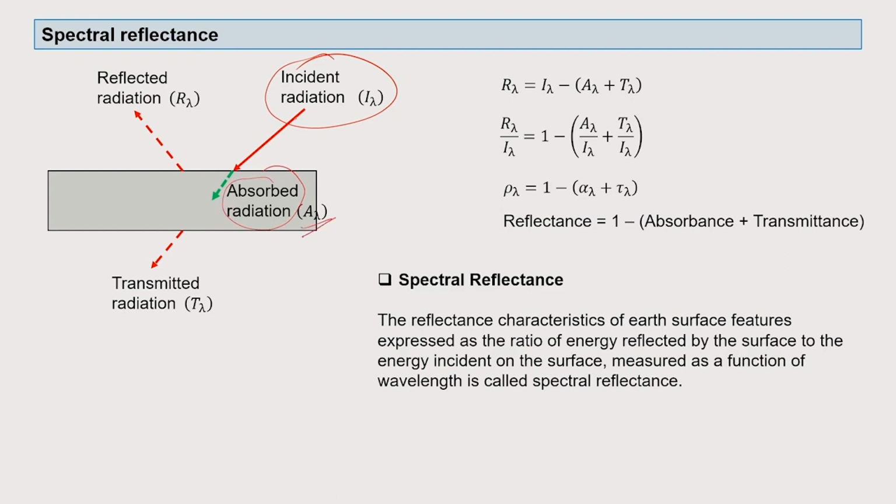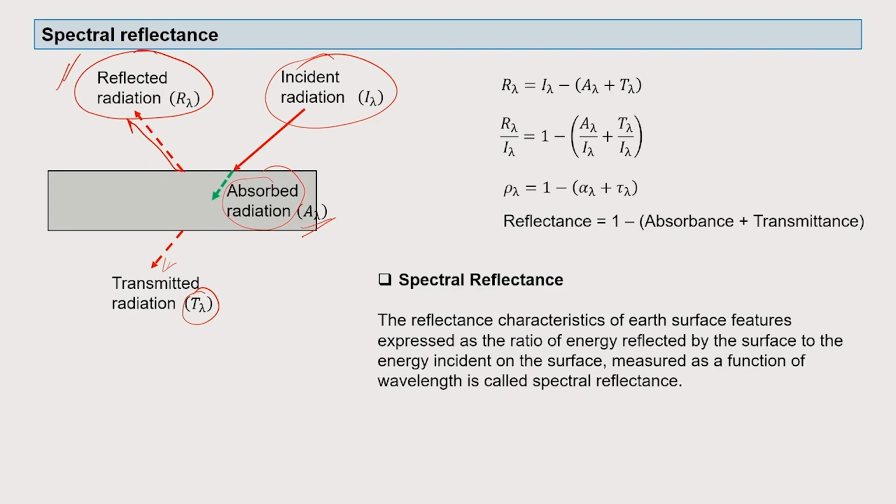But a little bit of this incident radiation also gets transmitted, passes through this particular surface or object, and that part we call T lambda. But the most important aspect here is the reflected radiation, that is R lambda. That part of the incident radiation, how it gets reflected, actually gets sensed by various sensors sitting up there in the satellite.